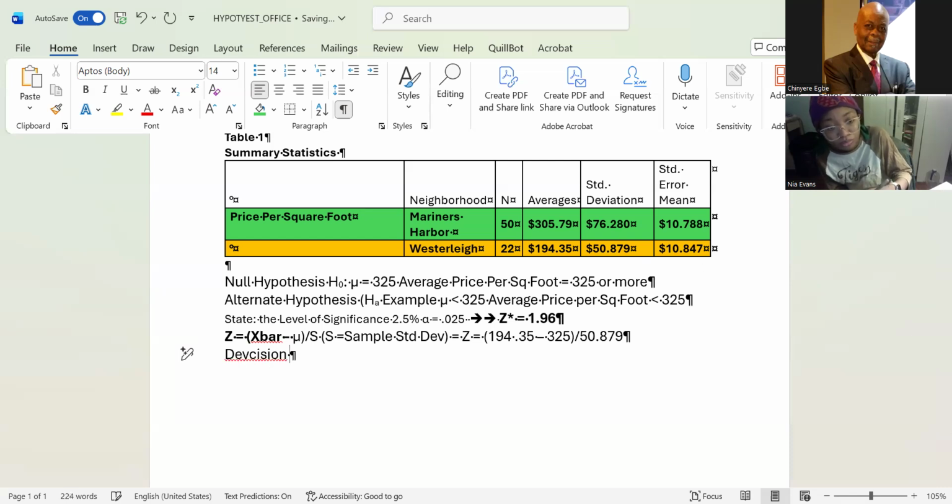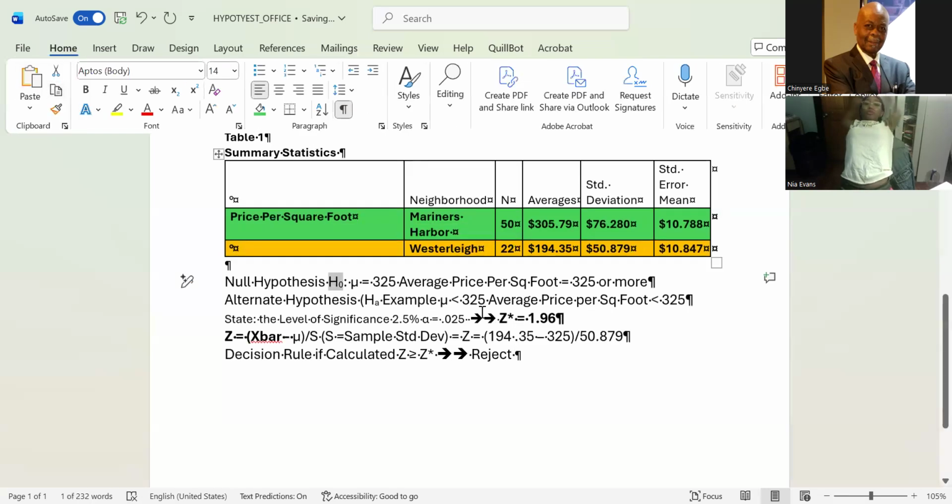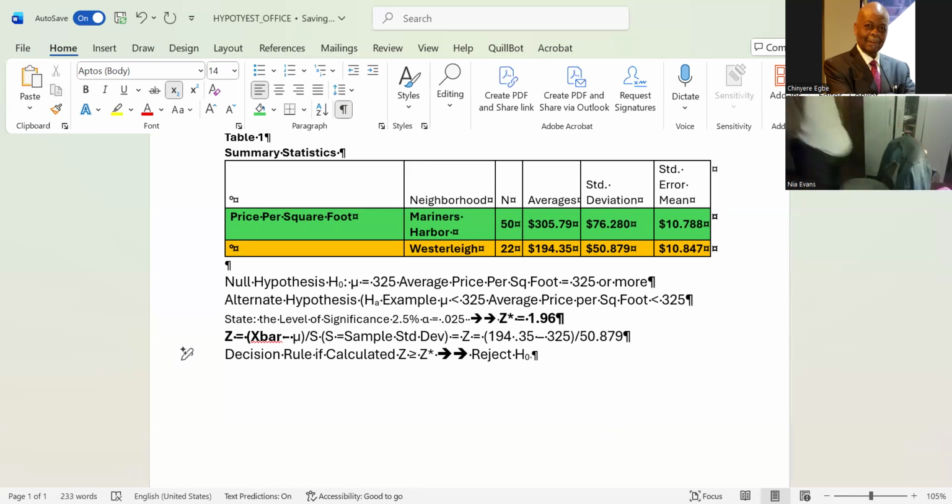And we have a decision rule, which is that if the calculated Z is greater than or equal to Z star, we reject the null hypothesis.